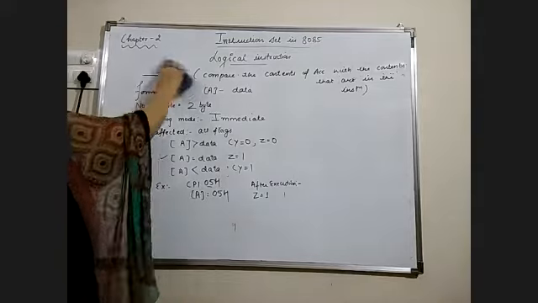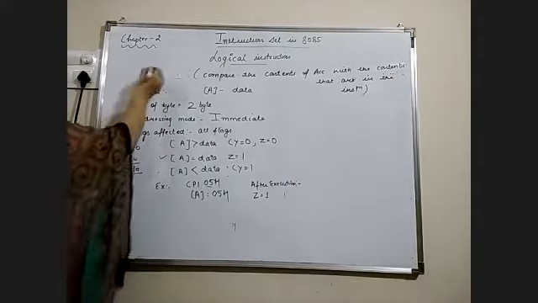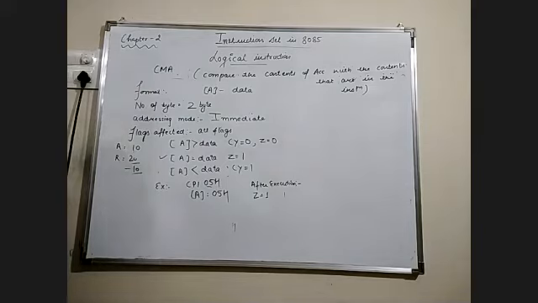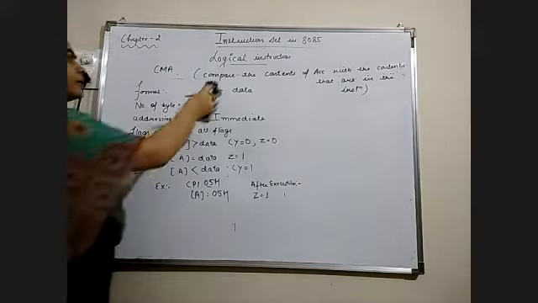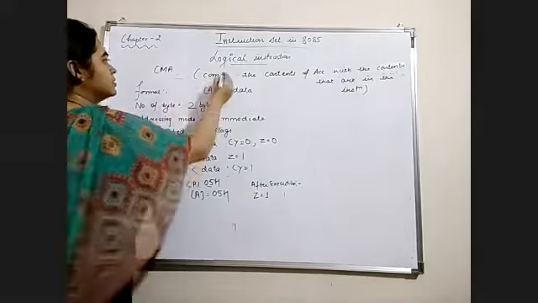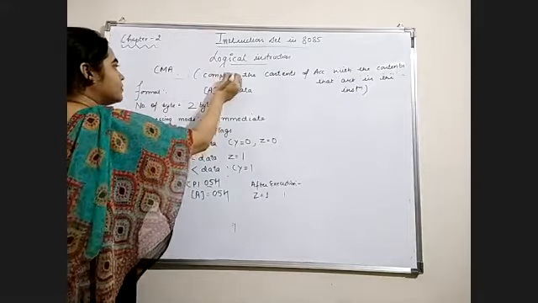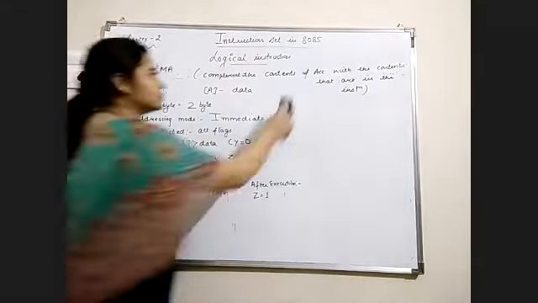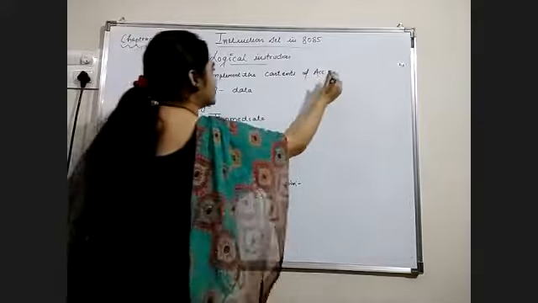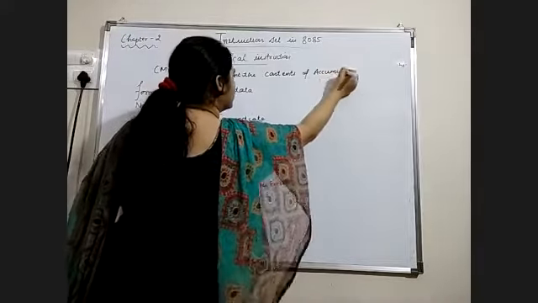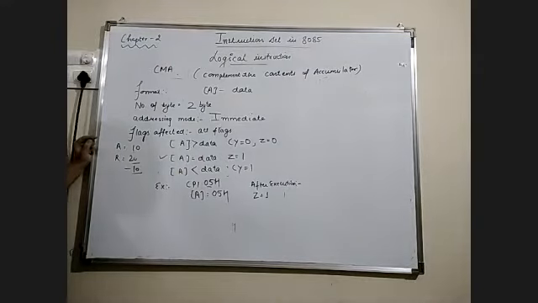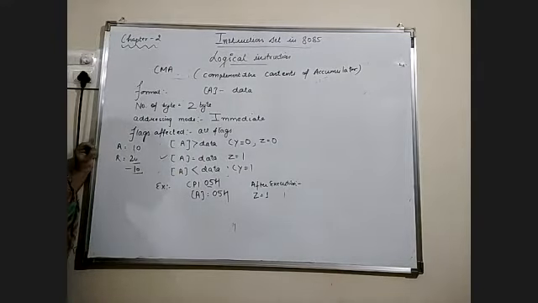Now we can see the next instruction, that is the complement instruction, CMA. CMA means complement the contents of accumulator. So this is the meaning of instruction CMA. Now, complement means if we have value 1, then it will be complemented with 0.